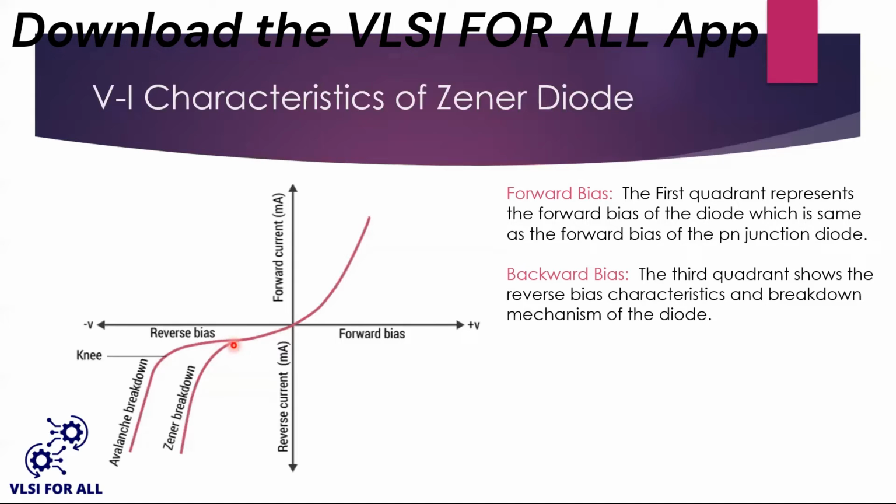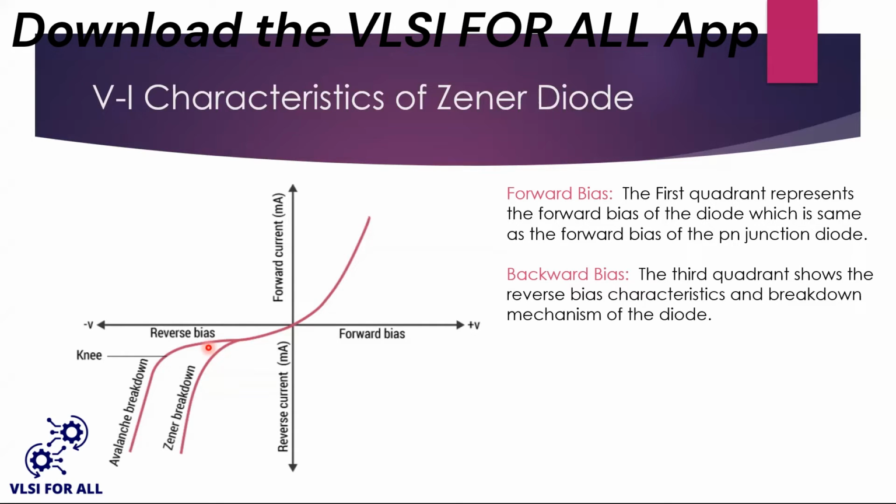After the VZ voltage, which would basically be around 5 volts to 8 volts, if you apply the reverse voltage of 5 volts, then the current will rapidly increase. The current rapidly increases because those minority carriers will be transferring due to the tunneling effect. Because of the tunneling effect, there will be a fast movement of those minority carriers.